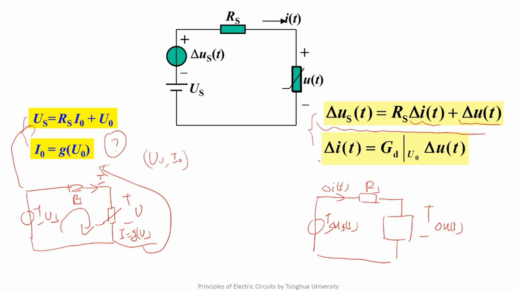What's the relationship between delta IT and delta UT? Right, it is equivalent to a linear resistor. Its resistance is 1 over GD. In the next lecture, we'll give you a detailed analysis for the common circuit component. What is the corresponding small signal model? With this tool, we can analyze the small signal circuits conveniently.